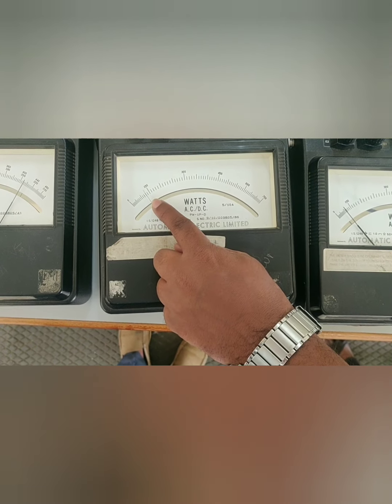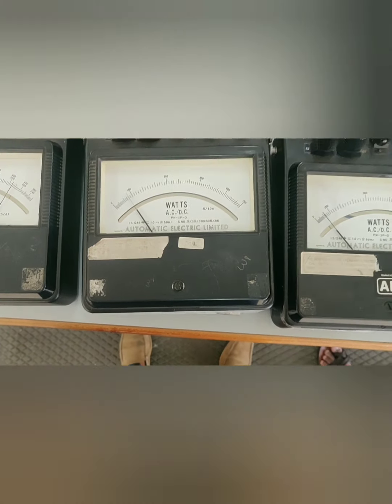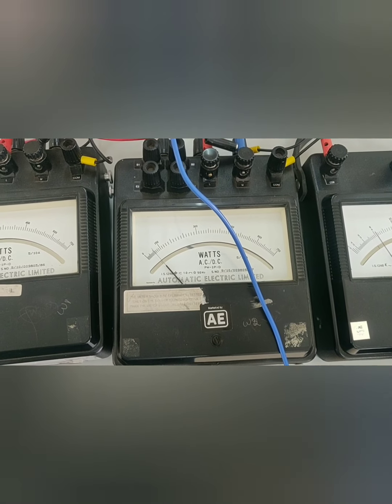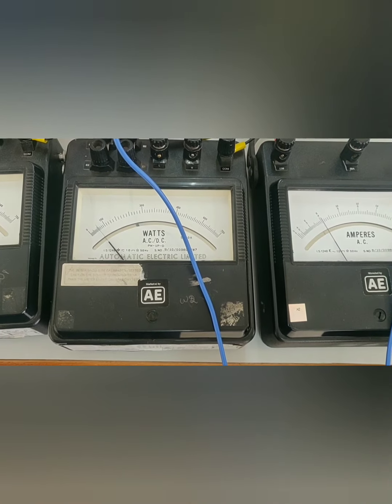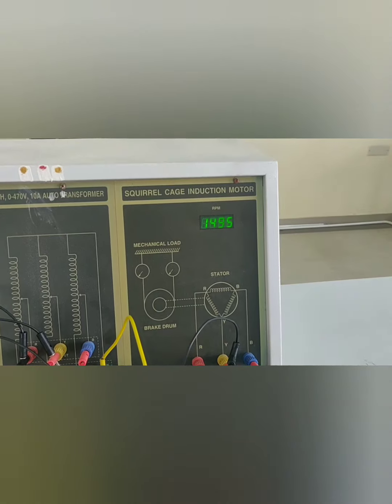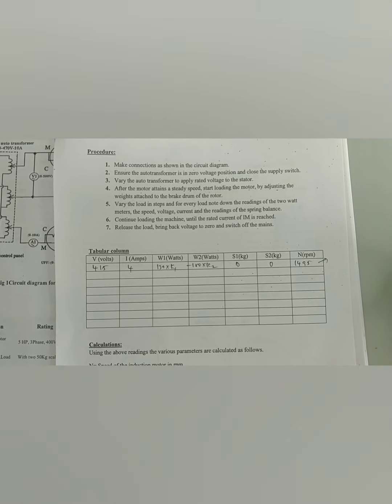So 130 into K1, the wattmeter constant, you can calculate later. And then the W2 reading is 100. You have to take it as negative, 100 into K2. And then the weight supplied over the induction motor is 0. And then the speed of the induction motor is 1495 RPM. This is the no load reading of the experiment.